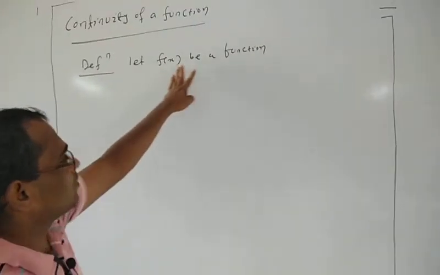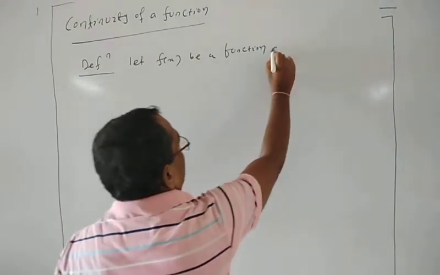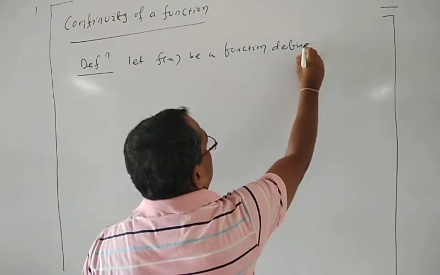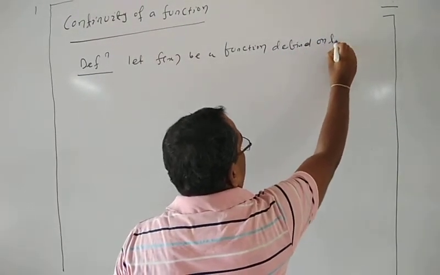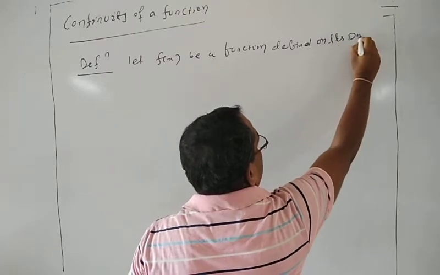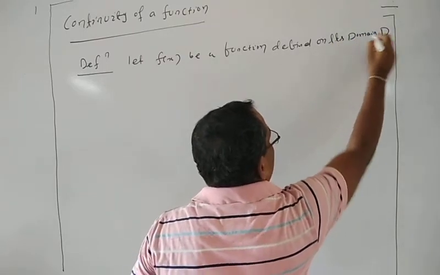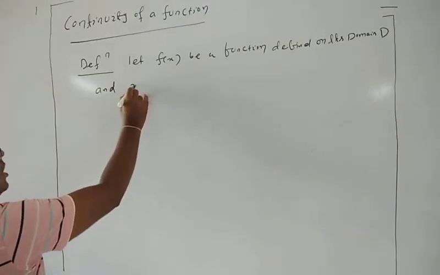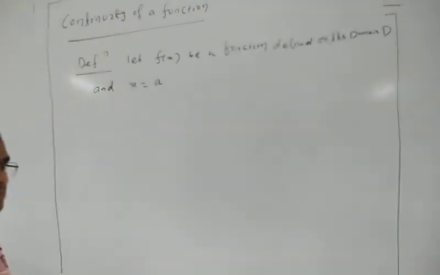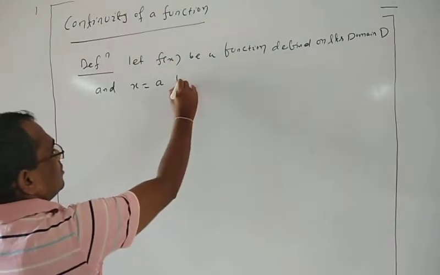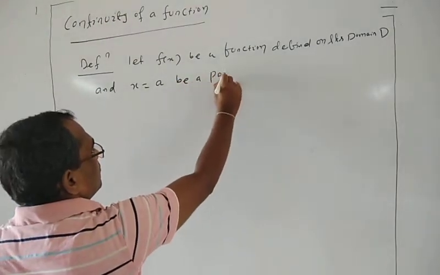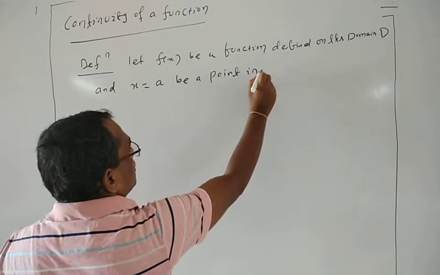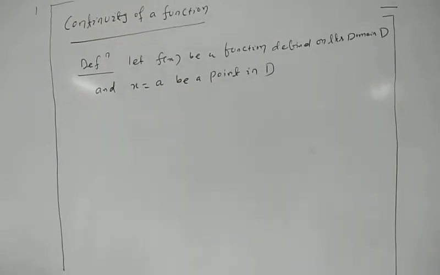So let f(x) be a function defined on its domain capital D, and x is equal to a be a point in D, a point in its domain.